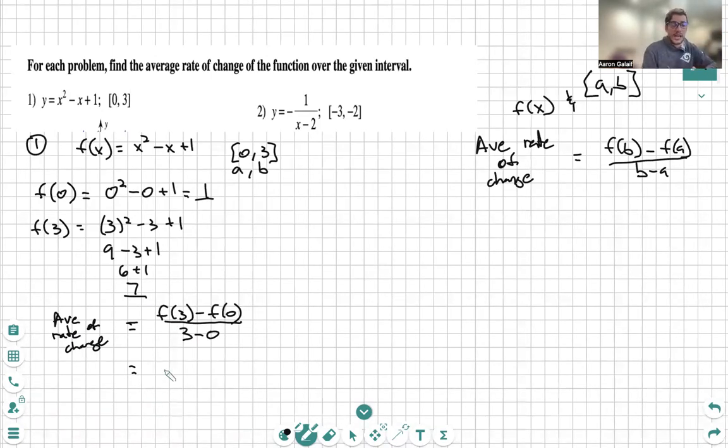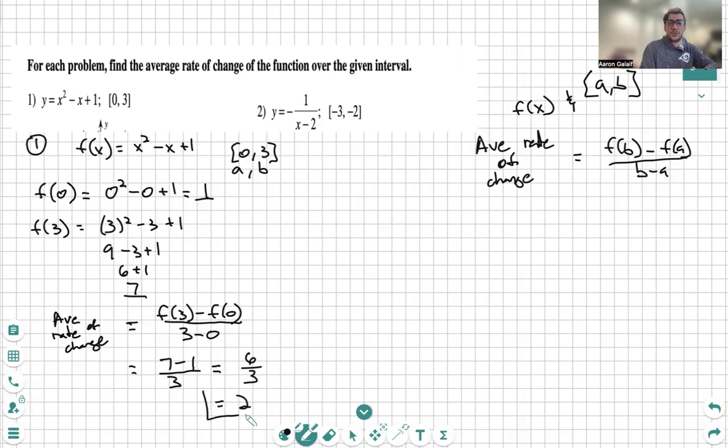So we see that f of 3 is 7. F of 0 is 1. 3 minus 0 is 3 on the denominator. We're going to clean it up. 7 minus 1 is 6 over 3. 6 divided by 3 is 2.